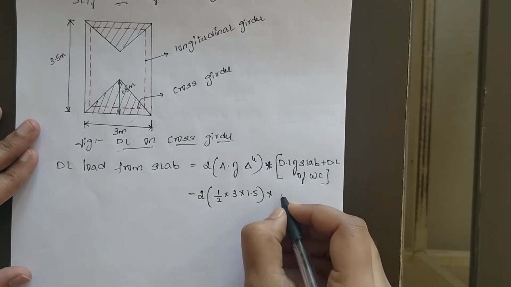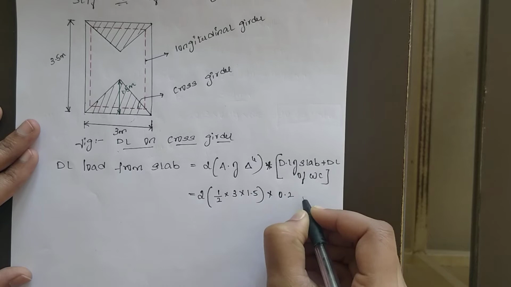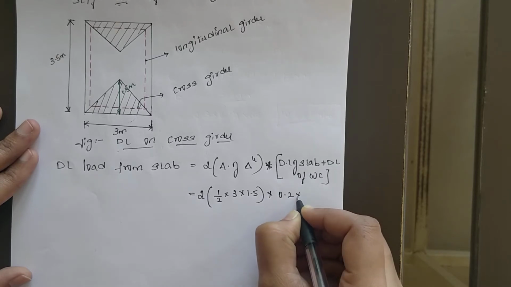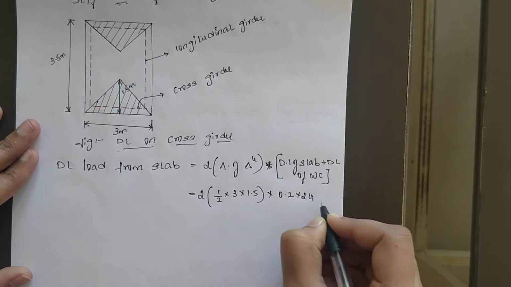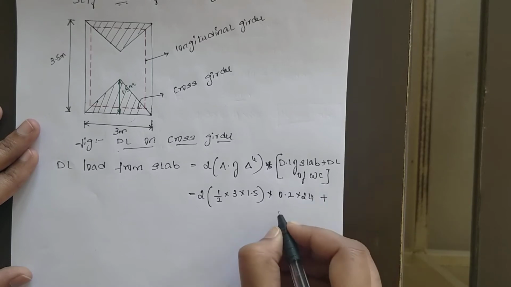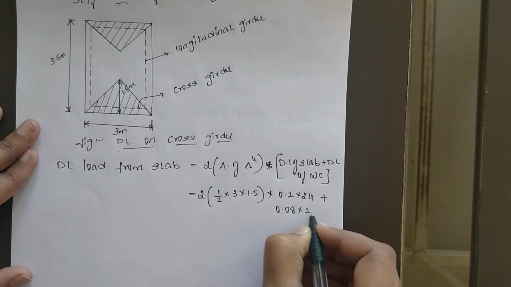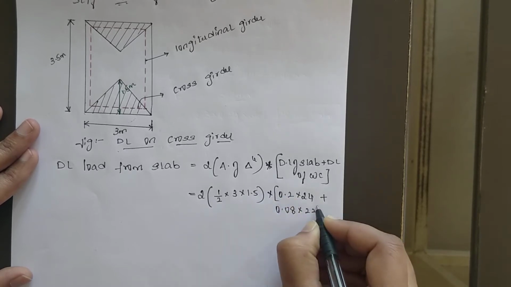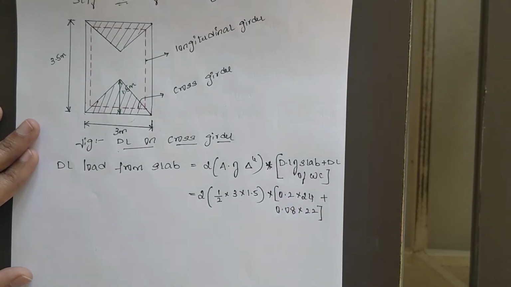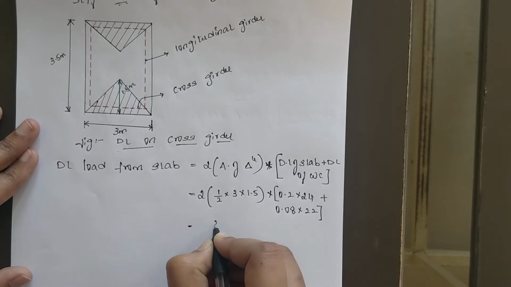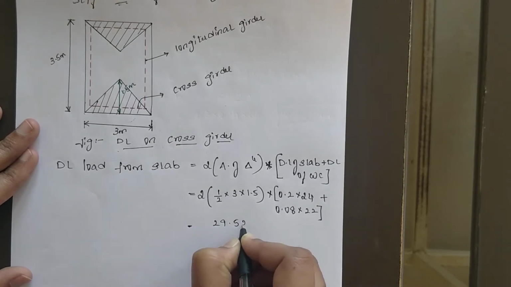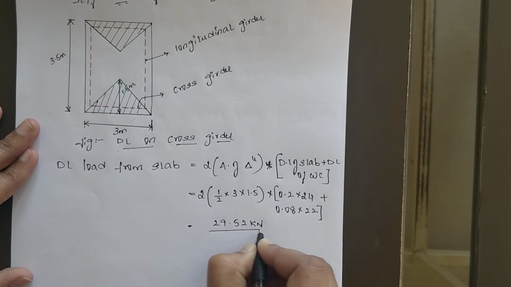Dead load of slab is depth of the slab, 200 mm, that is 0.2 multiplied by density 24, plus thickness of wearing coat, 80 mm, 0.08, take the density as 22. Then you will get the dead load from the slab as 29.52 kilonewton.